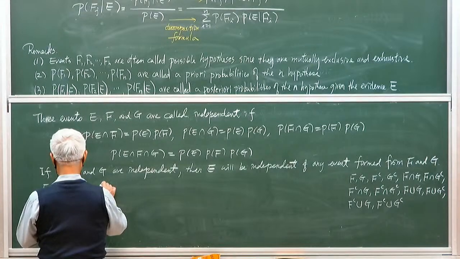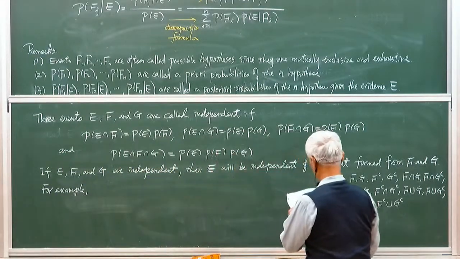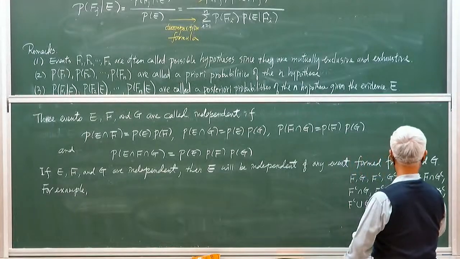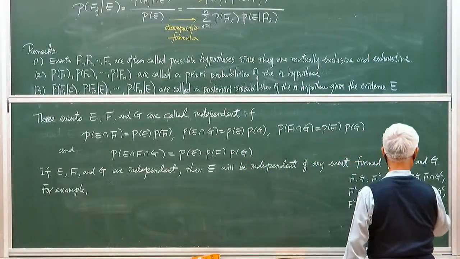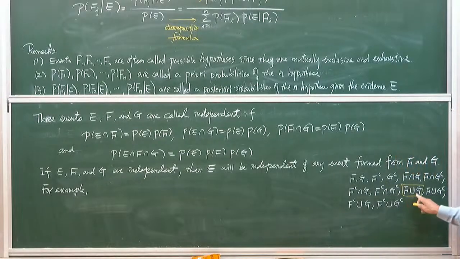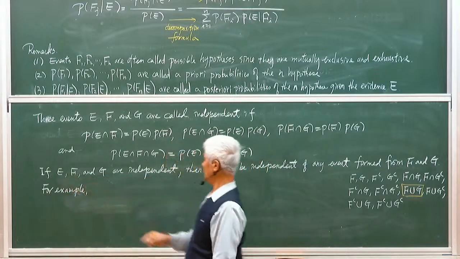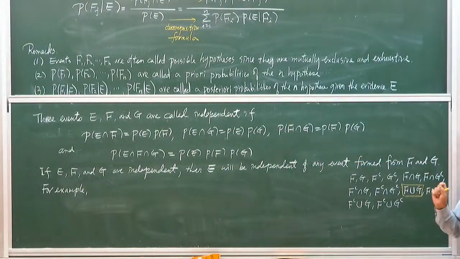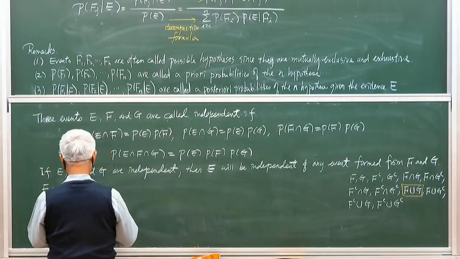So we take, say, F union G. So this event is formed from F and G. And we will show that event E and this event are independent, okay? All right, so we will compute them.